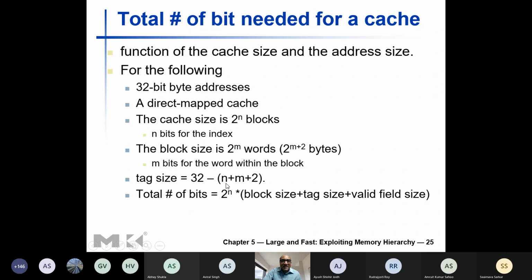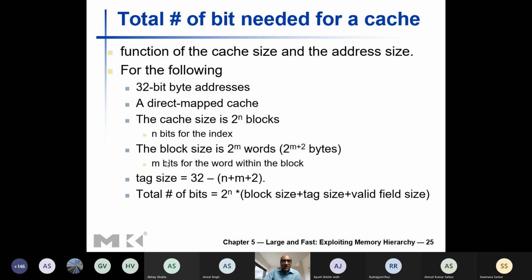And n is such that 2 power n blocks can be accommodated in the cache. Therefore, these n bits are used for indexing the cache for a particular block, and these m plus 2 bits are required to find the specific byte within the block.